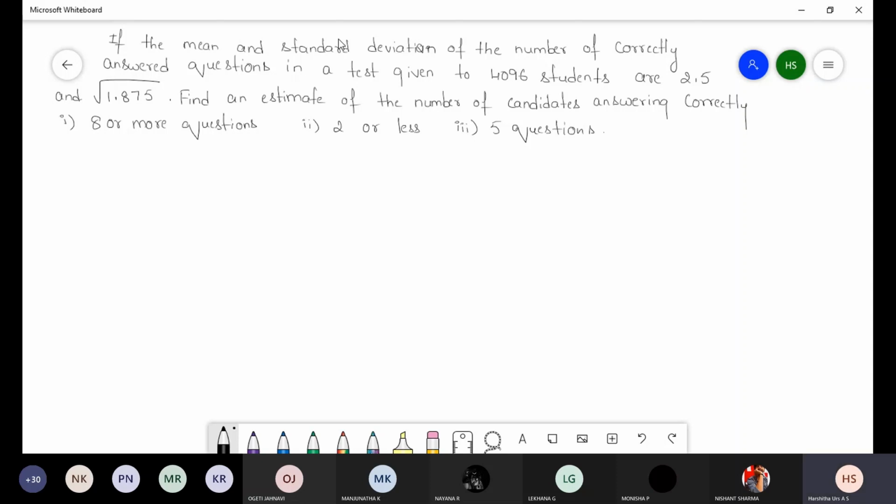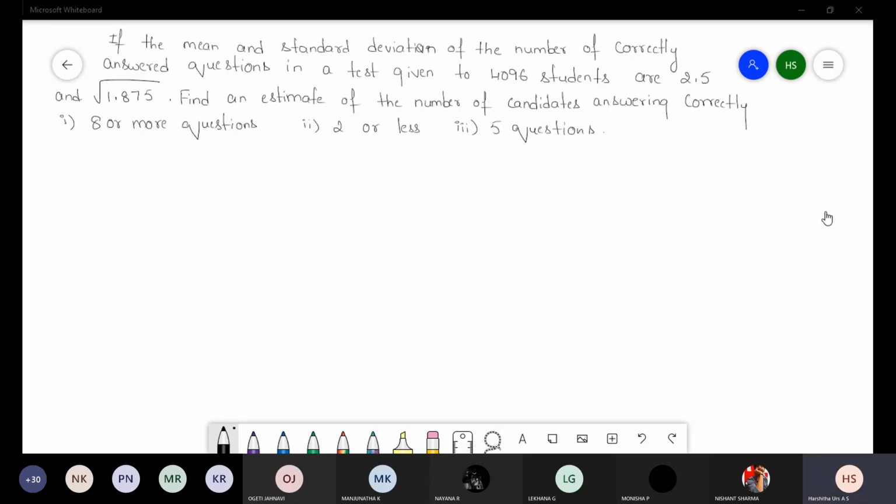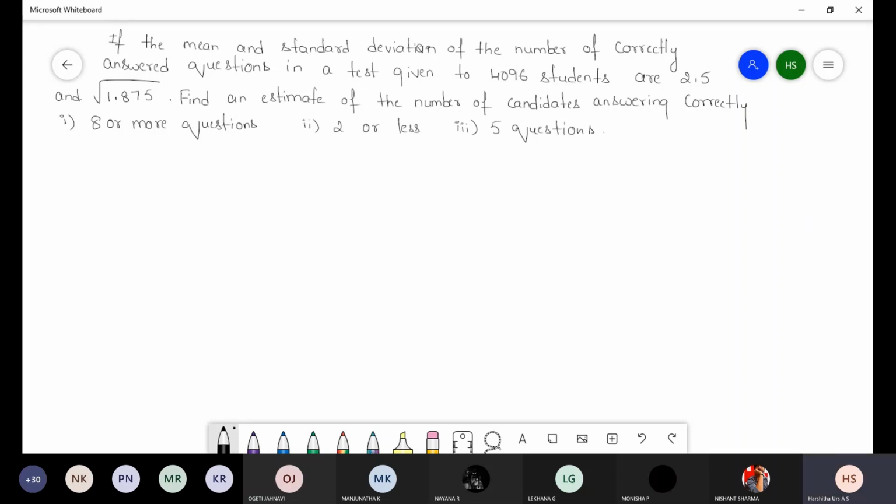So here they have given the mean and standard deviation. First we have to note the mean and standard deviation value they have given in the question.